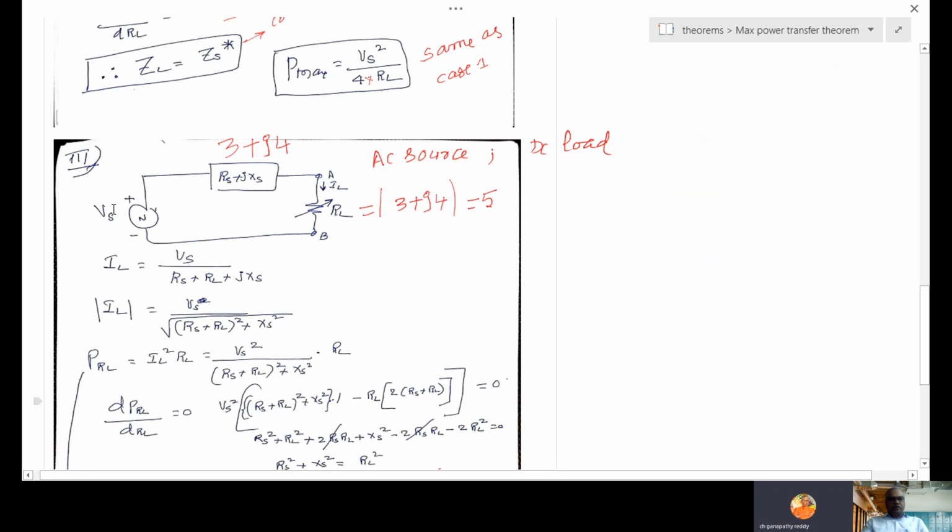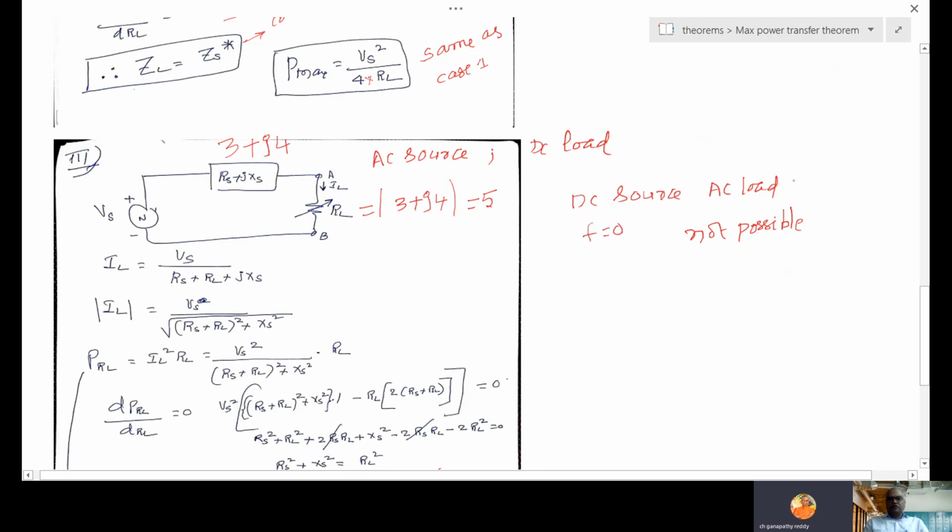And DC source with AC load is not possible. No use of it. Why not possible? For a DC source, frequency means 0.